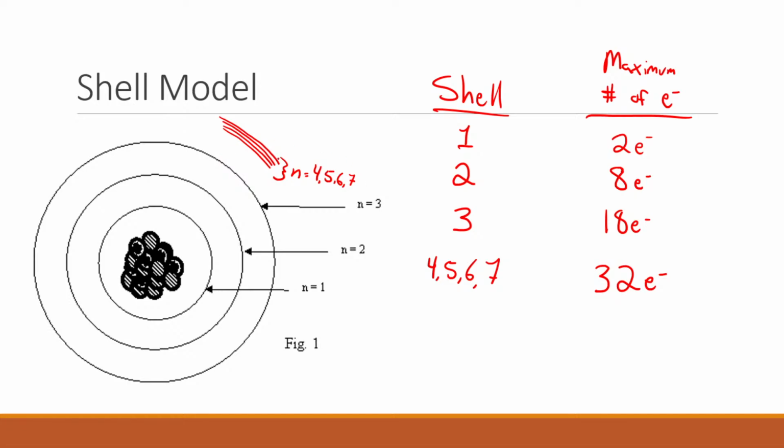Right, so no matter if you're in the 5th shell or the 7th shell, the maximum number of electrons that you could fit there is 32 electrons.